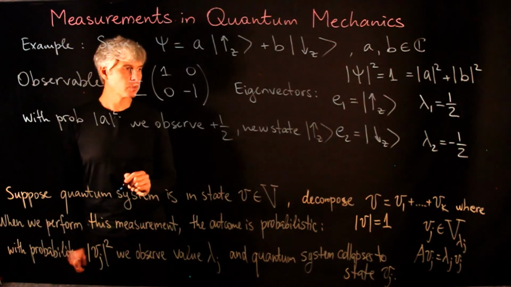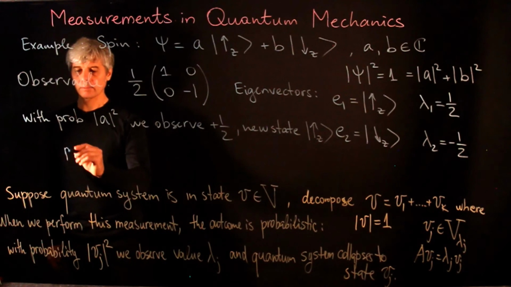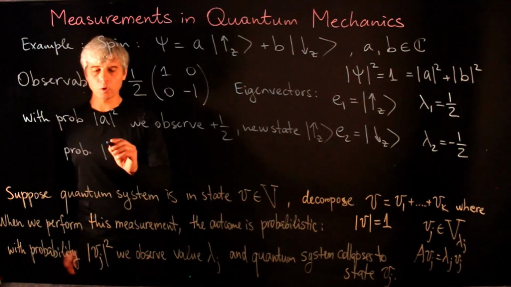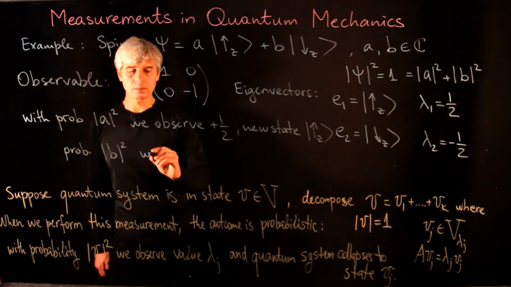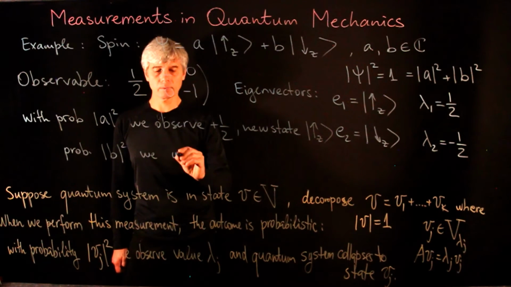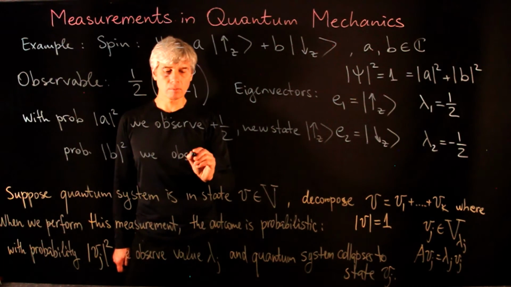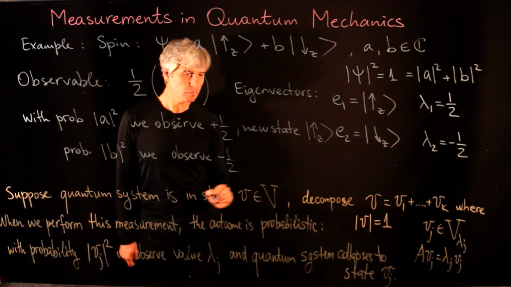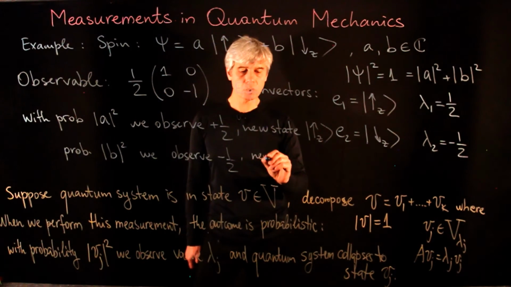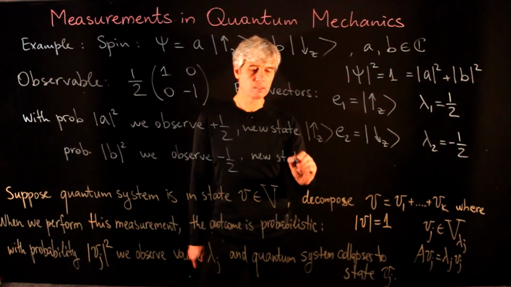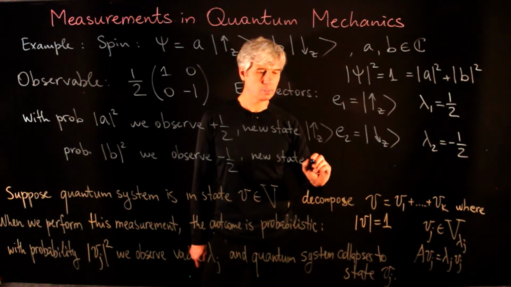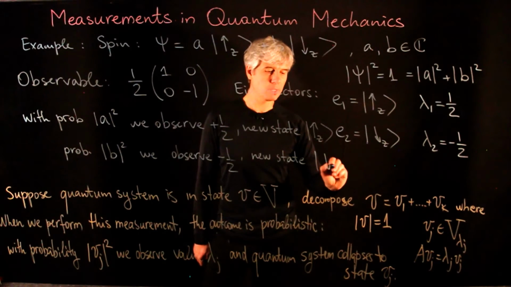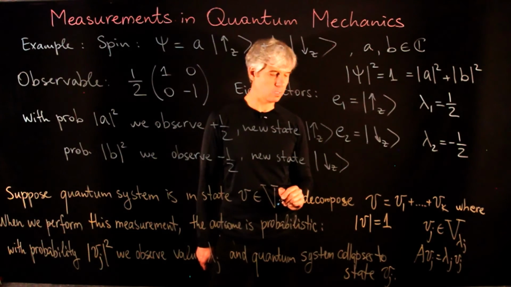And with probability norm of B squared we observe -1/2, and the new state will be spin down here, right?